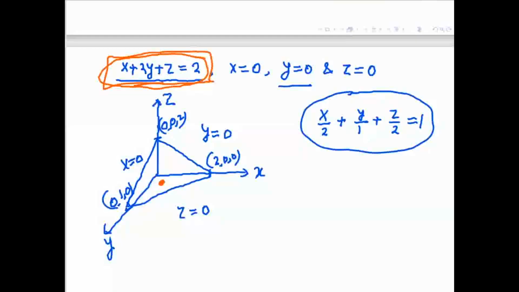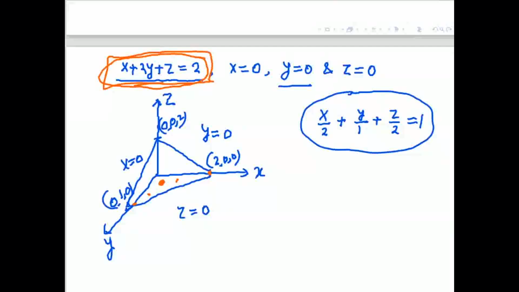So from that plane we'll find the value of z. Because suppose you are exactly at the origin, then you can go up to 2. But if you are at this location or some other place on this floor, you will always hit x plus 2y plus z equal to 2.